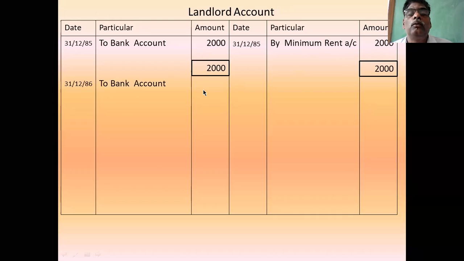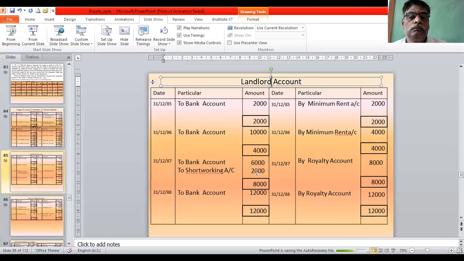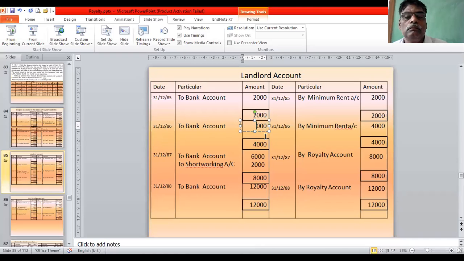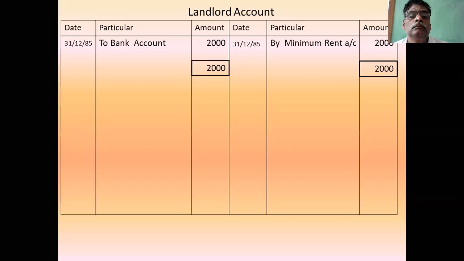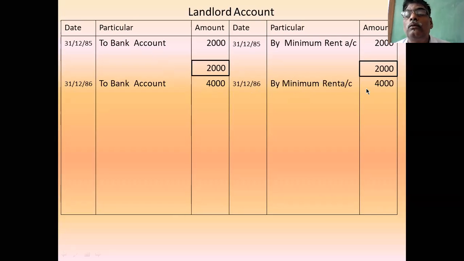And second year, to bank account 4,000. Payment is 4,000, then by minimum rent account 4,000 because there is a minimum rent account. Instead of royalty, I have taken the minimum rent.